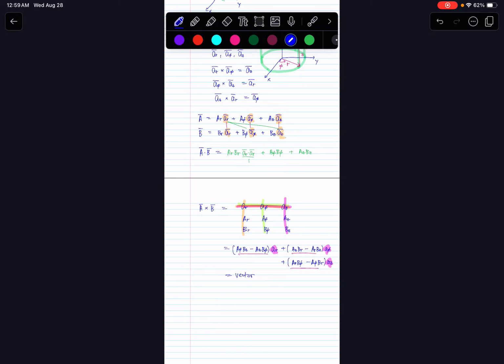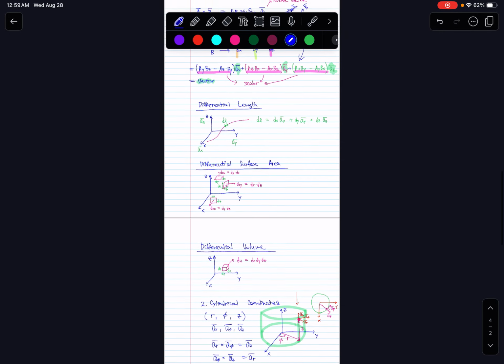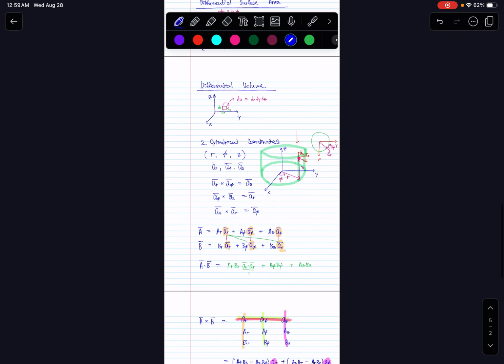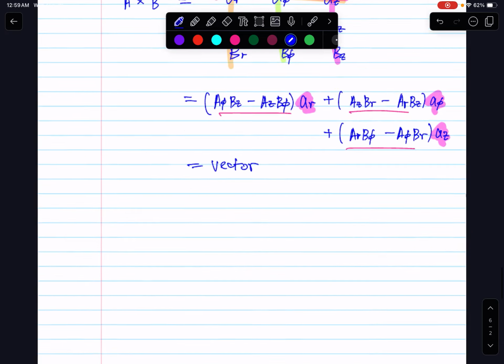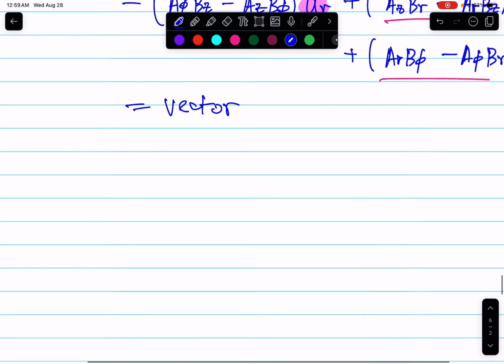Let's talk about the differential length and differential surface area and differential volume. And I will stop the recording after that.